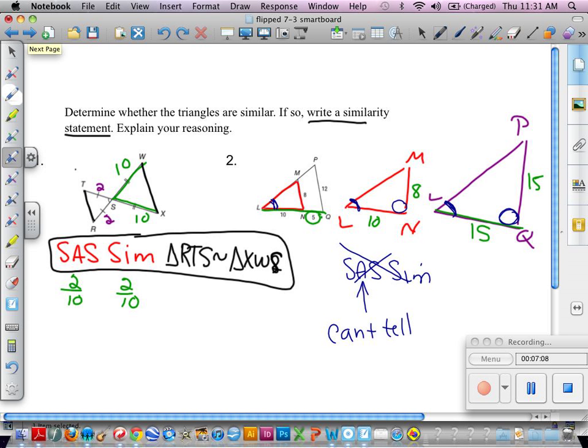You cannot tell. You can't tell they are similar. You need the angle between sides that are given. Running out of room.